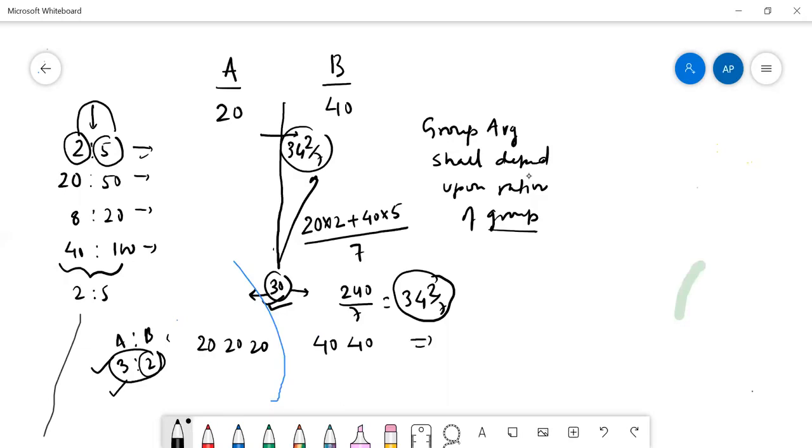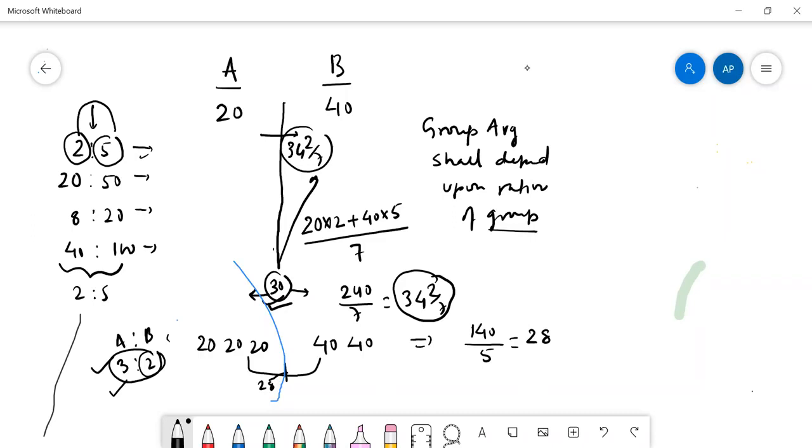Total marks that we have got from both groups is 60 plus 80, which is 140. And total number of students, 3 यहाँ पे 2 यहाँ पे, which is 140 by 5. तो ये आपका है 28. So what did you see? The average is less than 30, which is 28.